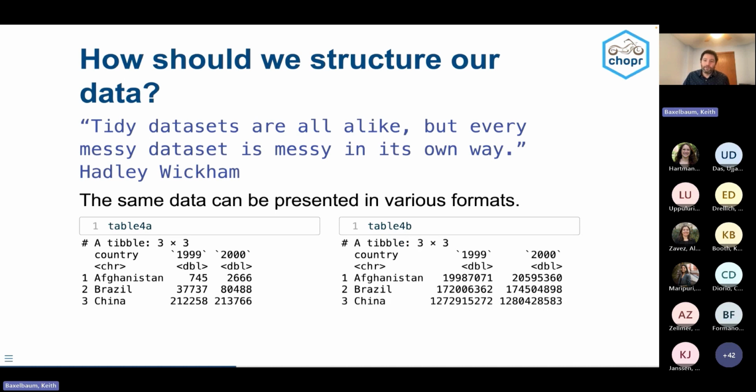And then in a different table, we can have the same format for population. So the first row here is Afghanistan's population in 1999, and then in 2000. In that case, we again have all that same information. Now it's spread across two tables, where we have the years in different columns rather than the years in different rows.